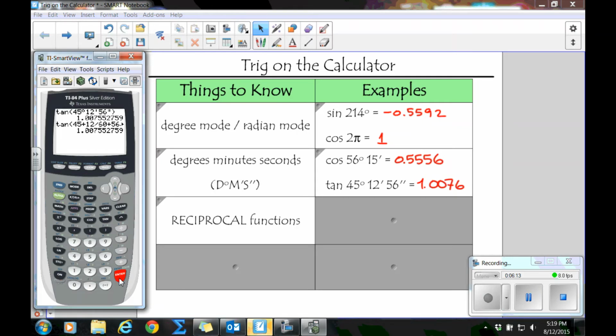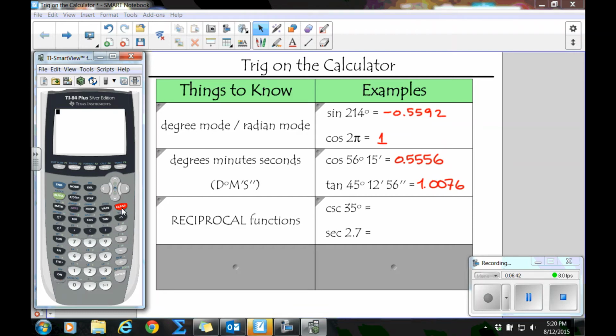Next thing we'll have to do on the calculator is to find reciprocal functions. For example, cosecant. My calculator doesn't have a cosecant button, or a secant button, or a cotangent button. Some of the fancier calculators might. Mine doesn't. If yours doesn't, you have to use the idea of reciprocal.